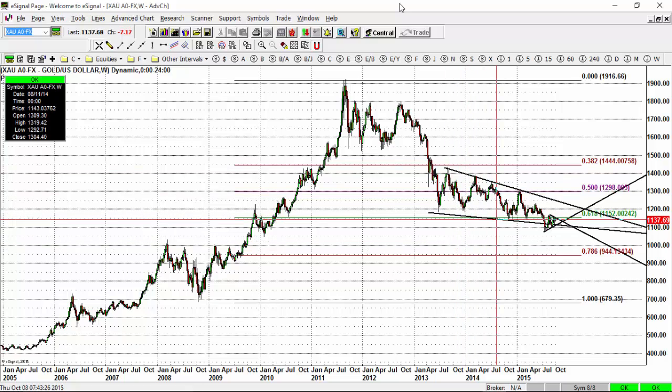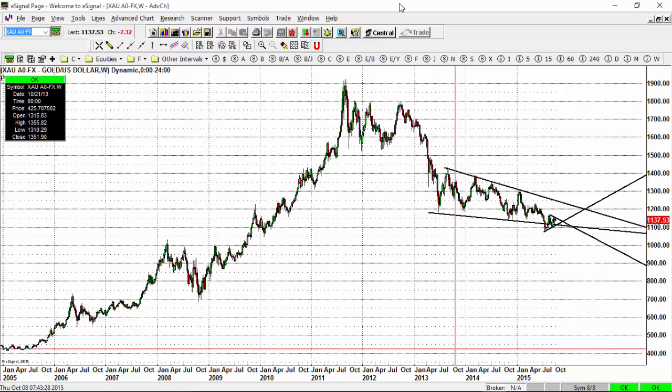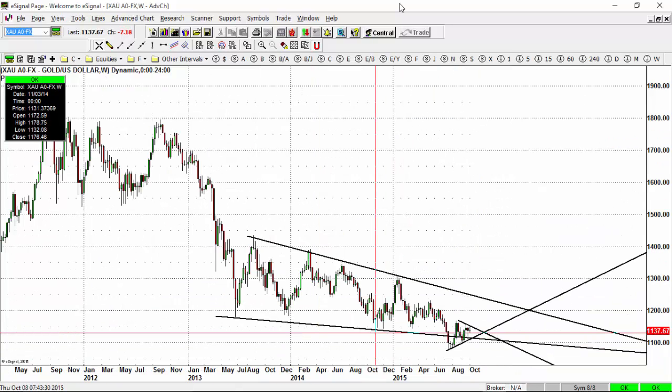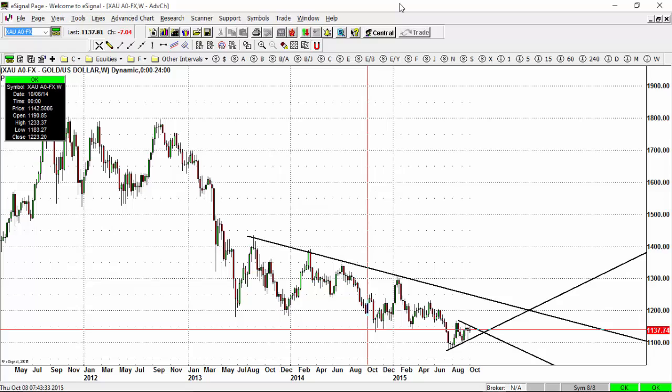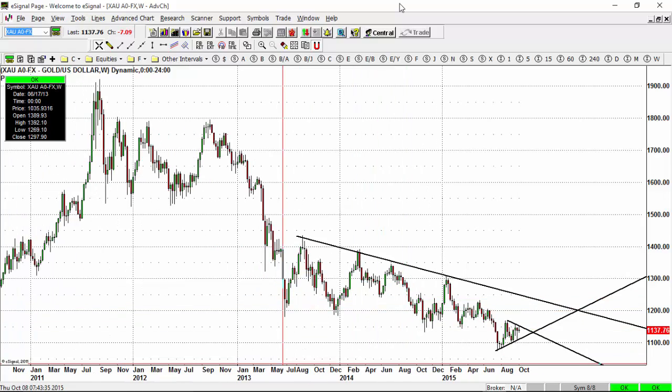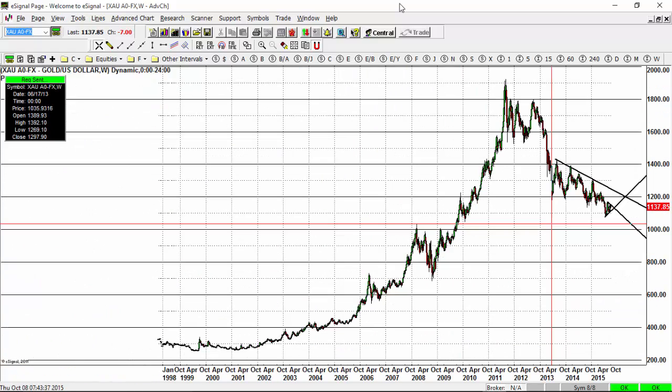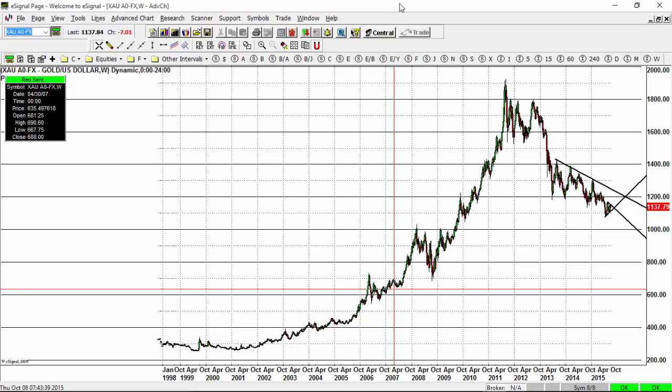This downtrend line would essentially be broken. Wait, why did I draw this? Weekly chart of gold.